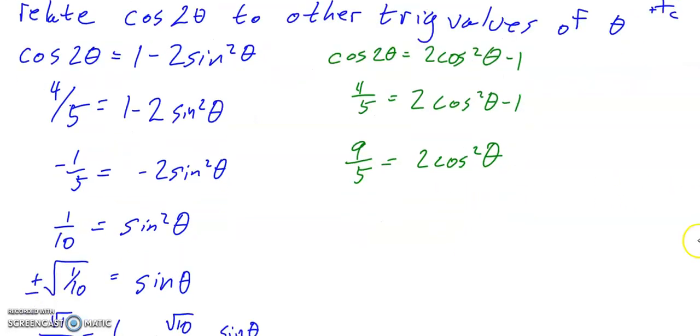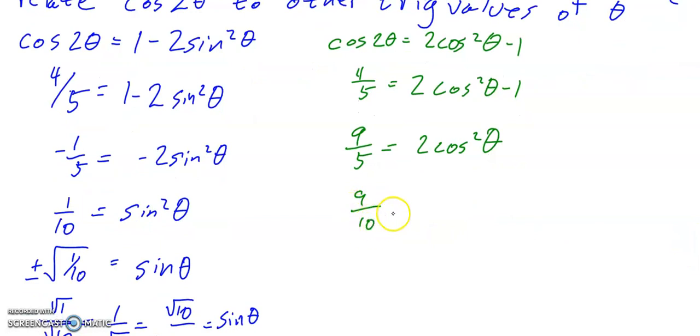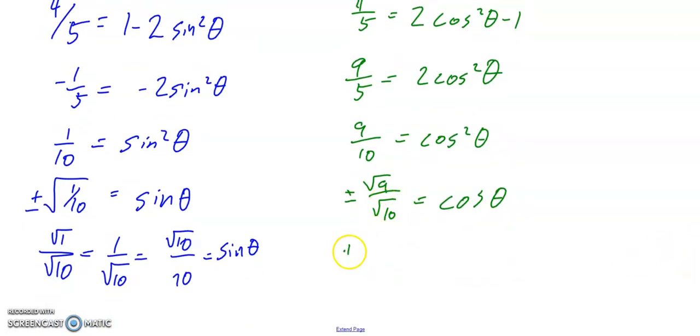Multiply both sides by 1/2. So 9 over 10 equals cosine squared theta. Take the square root of both sides. I'm going to take the square root of 9 on top and the square root of 10 on bottom, and that's going to be the cosine of theta. When I break this down, I'm going to get plus or minus 3 radical 10 over 10. Because I don't like square roots on the bottom, I'm going to move it to the top. The square root of 9 is 3. And that's going to be the cosine of theta.